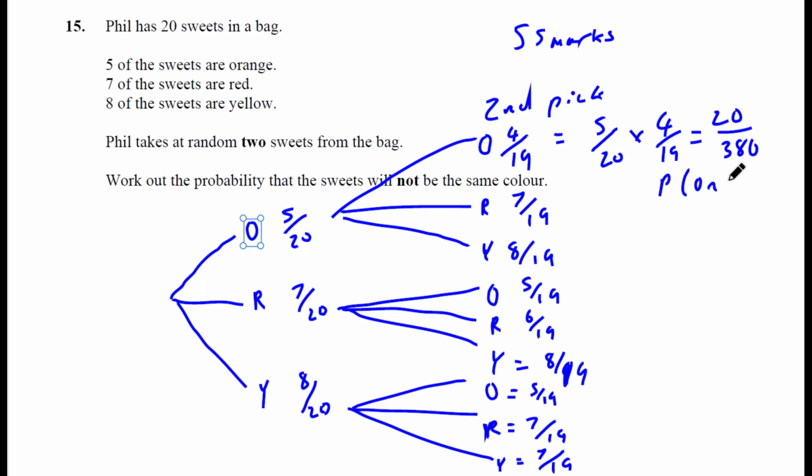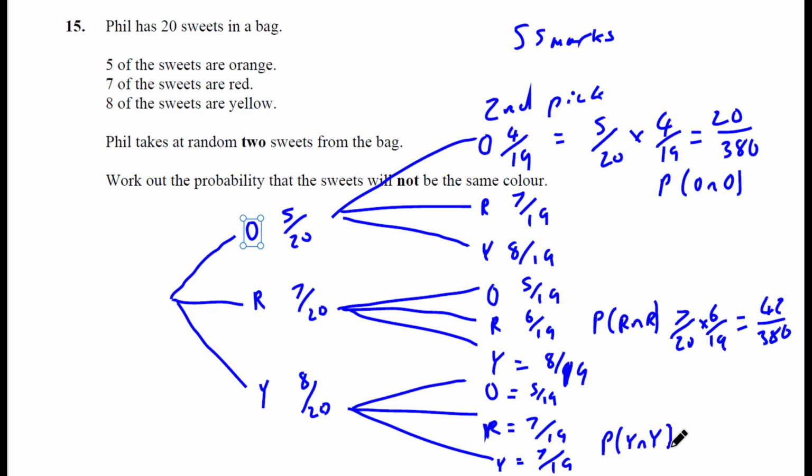Probability of red and red is 7 over 20 times 6 over 19, which is 42 over 380. And yellow is 8 over 20 times 7 over 19, which is 56 over 380.